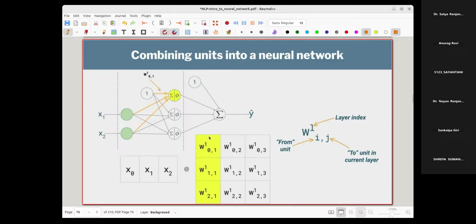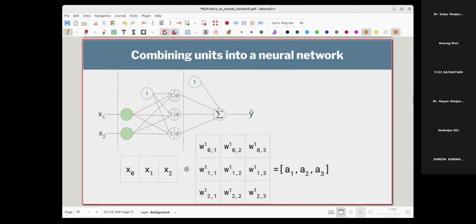And I am putting all these W in this column format. Similarly, this one is W102. 02 means this one. And when you multiply this, what do you get? You will get a 3-vector value. Why? Because it is 1 cross 3 times 3 cross 3, so it will become 1 cross 3.